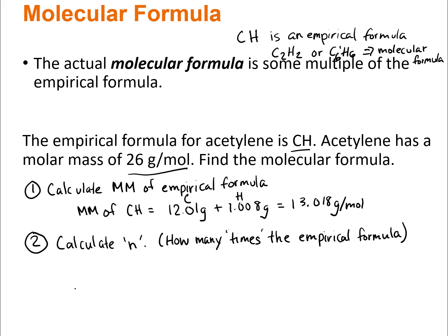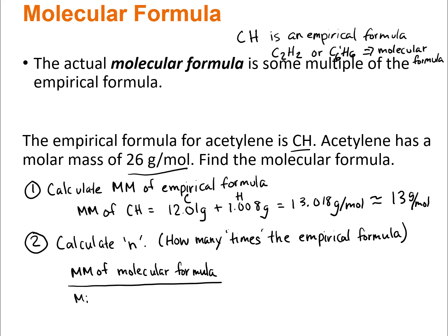The empirical formula has a molar mass of 13.018 grams per mole, which is about 13. You take the molar mass of the molecular formula and divide that by the molar mass of your empirical formula. And that gives you N.